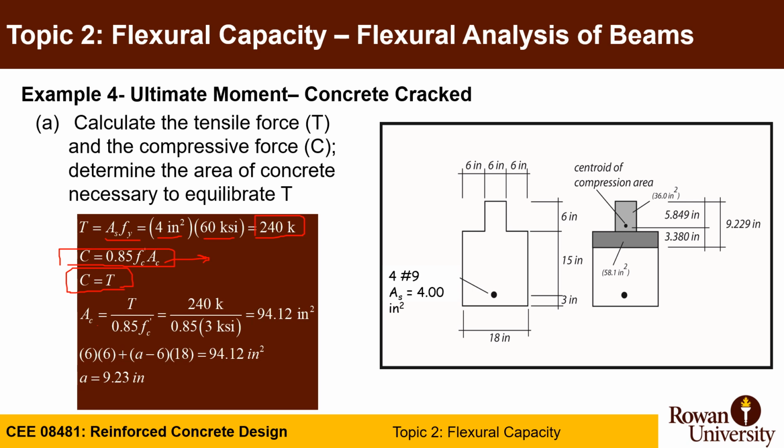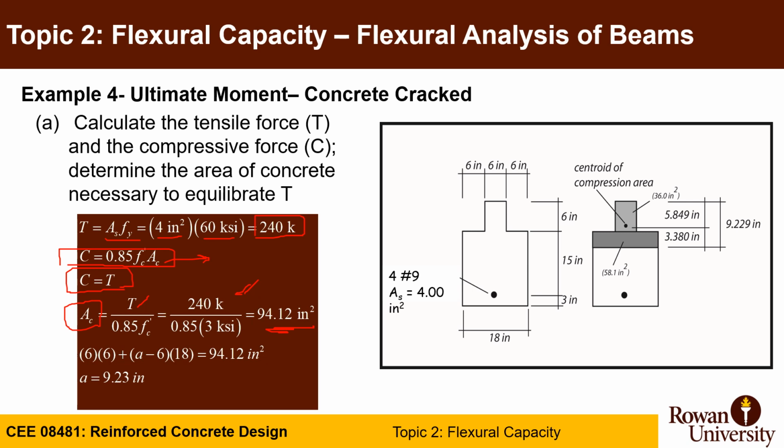So the AC unknown now will be the tension divided by 0.85 F prime C. You have your T value is 240, your F prime C is 3 KSI in this equation. You apply, you need area of concrete of 94.12 in order to resist the compression to be equal to the tension.